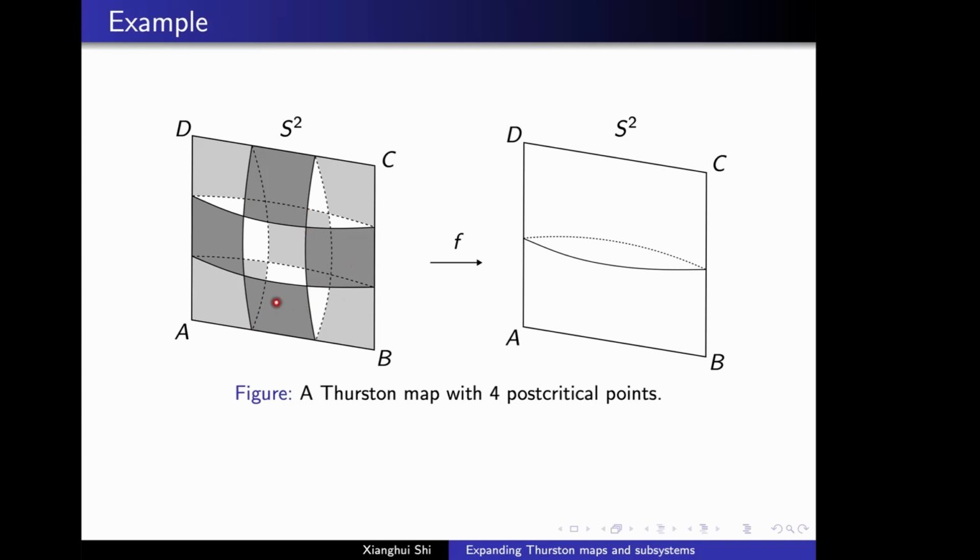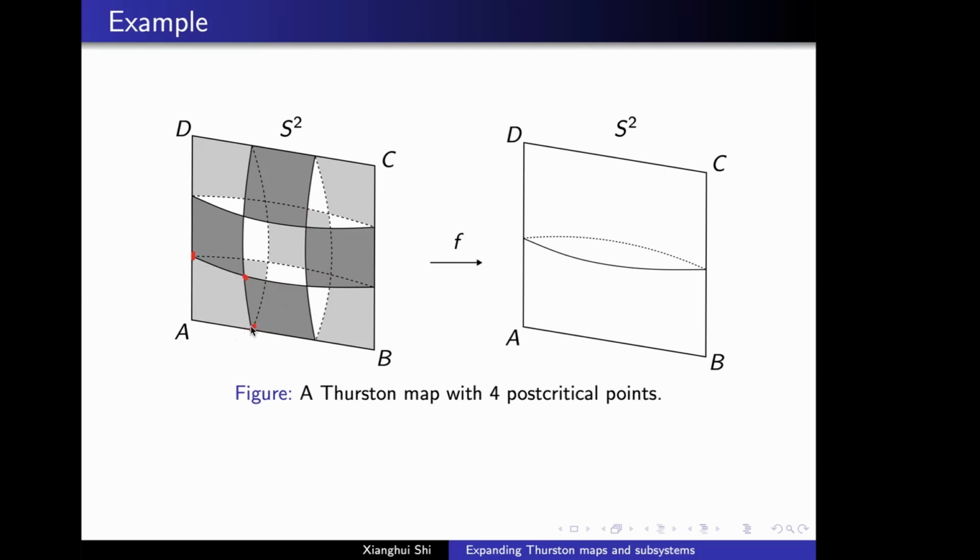Now, which points are critical here? As shown in the picture, those points are critical points. To identify them, we count the number of small squares containing the point. If the number is at least 4, then the point is critical.